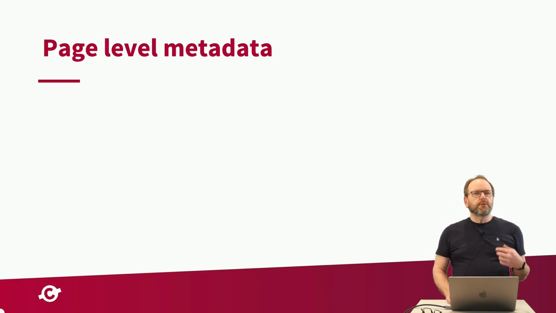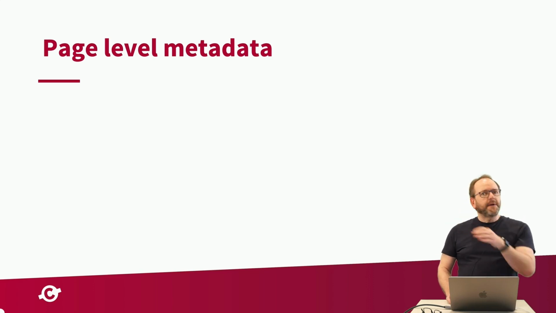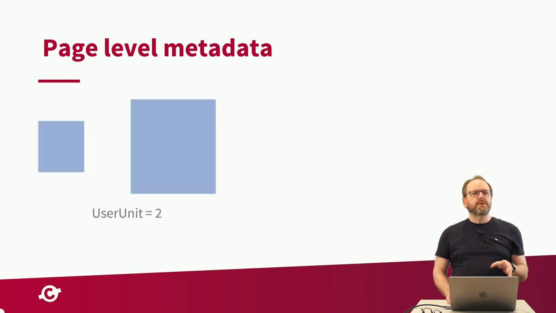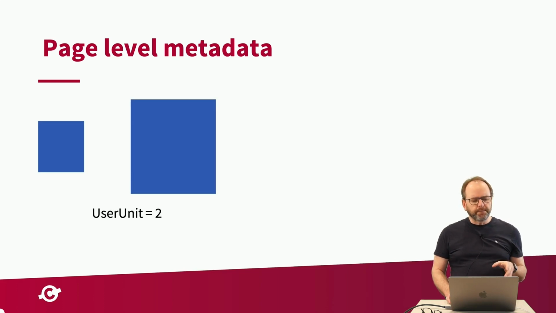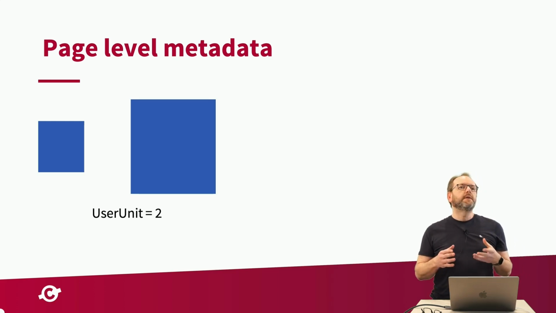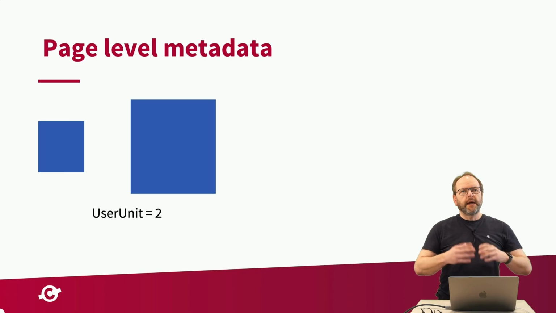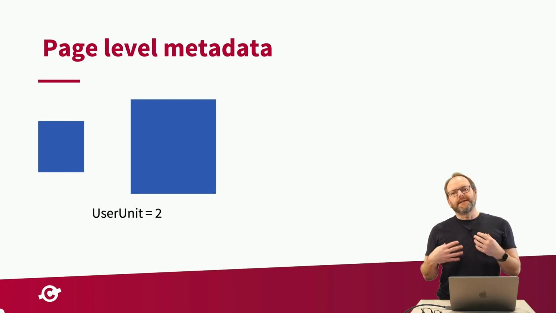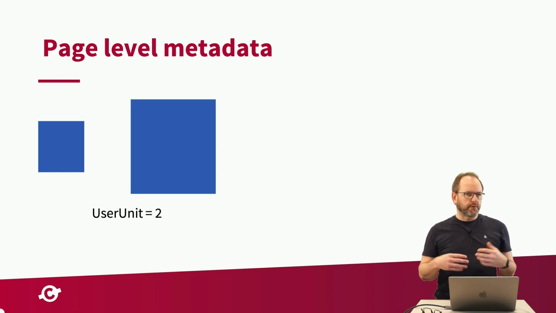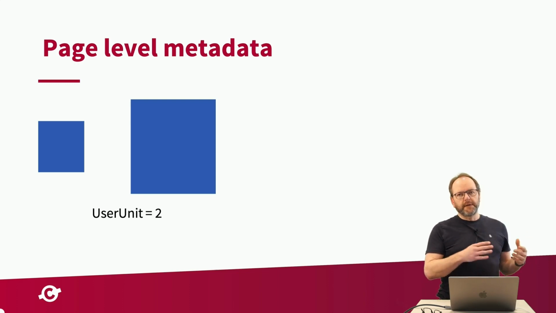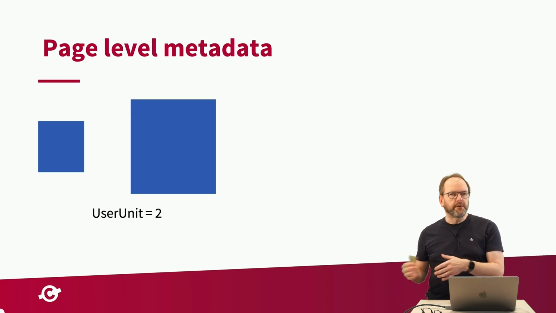There is something like page level metadata that can mean many things, but what I'm referring to specifically is something called user units, which allows you to just put a number in the page dictionary in a PDF, and then when it is there, the intention is that the content of that page will be printed scaled by that number. So if the user unit is 2 and I have a PDF file that says I am 1 meter by 1 meter, then the print will be 2 meter by 2 meter.